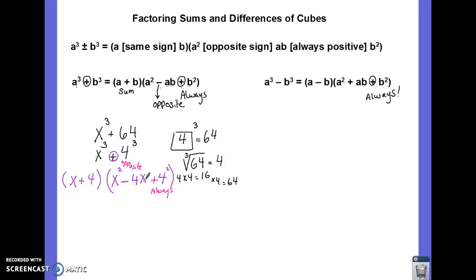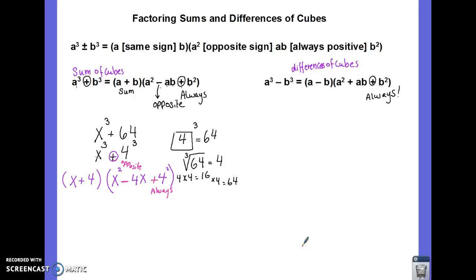Let's try with the negative sign, or with the difference of cubes. This is the sum of cubes because we're adding. Let's try the difference, because we're subtracting. This is the difference of cubes.